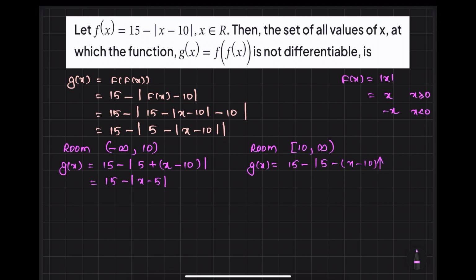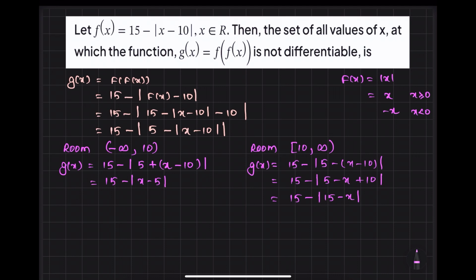Okay, so your function will look like this. So wait a moment. 15 minus 5 minus x plus 10. So it will become 15 minus mod 15 minus x. Till this part, I hope you guys are okay.